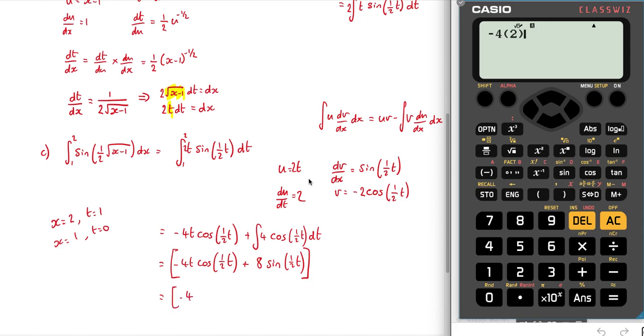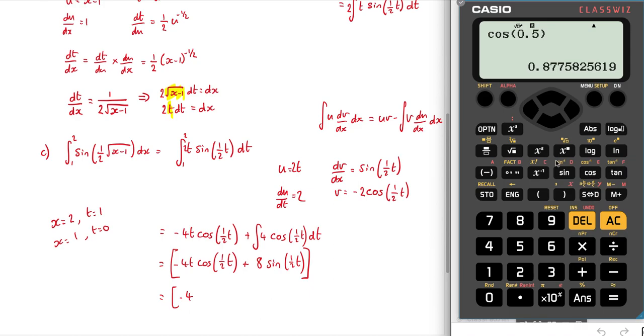So we are going to have minus 4 cos of a half. Why am I blanking on cos of a half? Let's just double check that. Cos of a half, root 3 over 2.